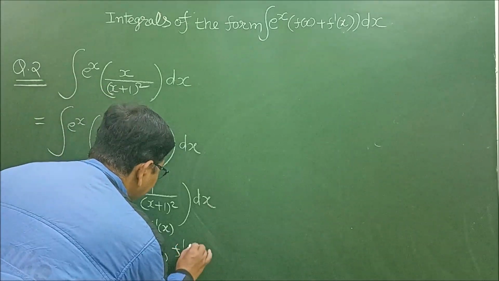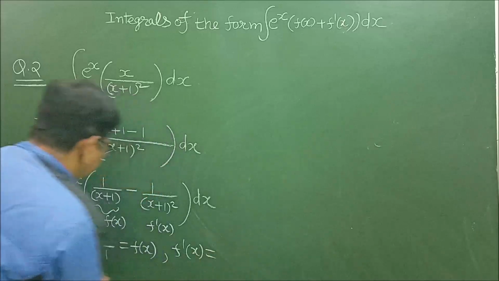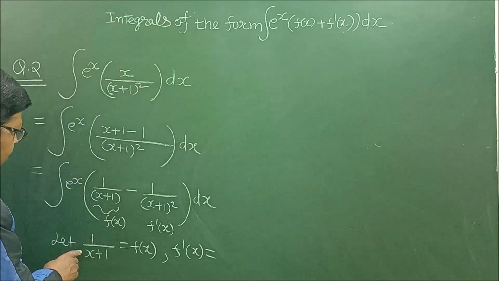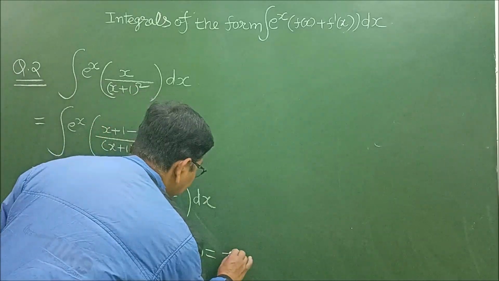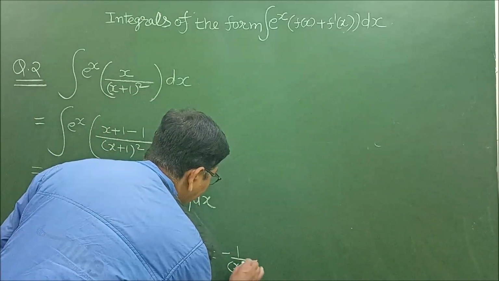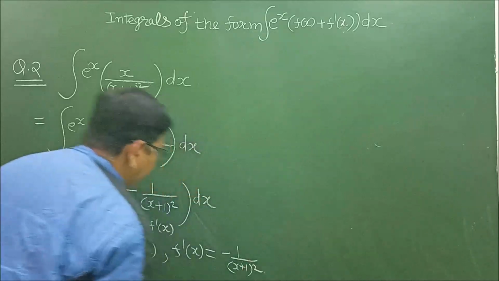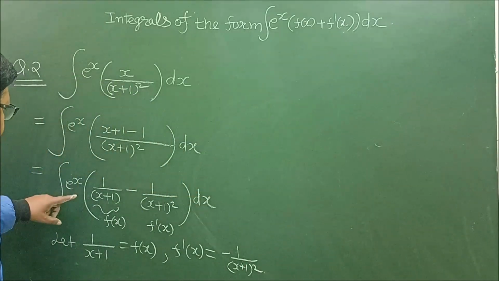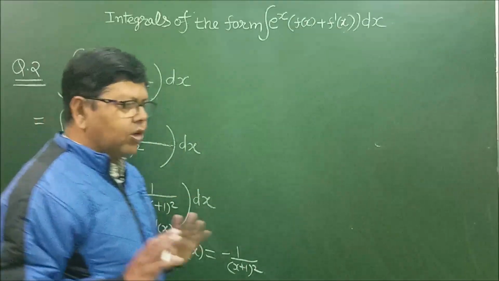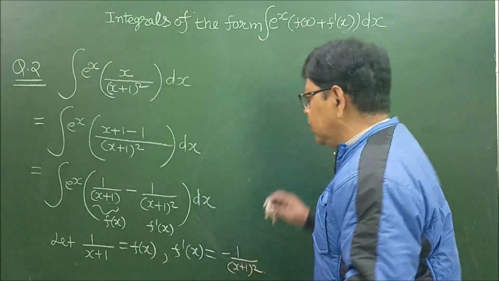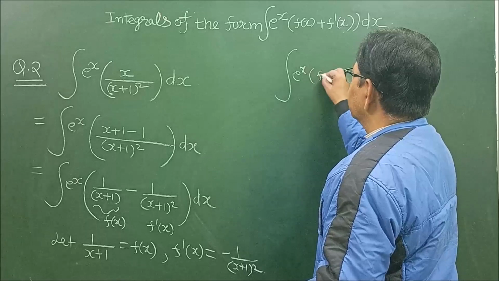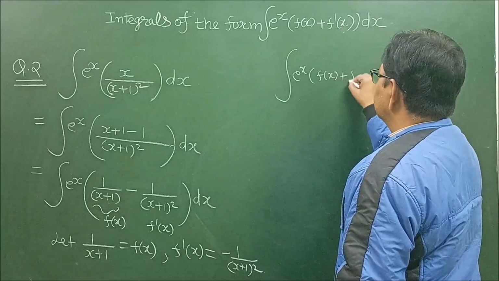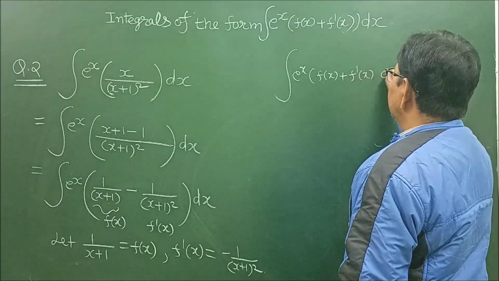then the derivative of this function is f dash x is equal to derivative of 1 upon t, which is minus 1 upon t square. So we can take this is equal to minus 1 upon (x plus 1) whole square. This integral now reduces to the form e raised to the power x, integral of e raised to the power x (f x plus f dash x) dx.